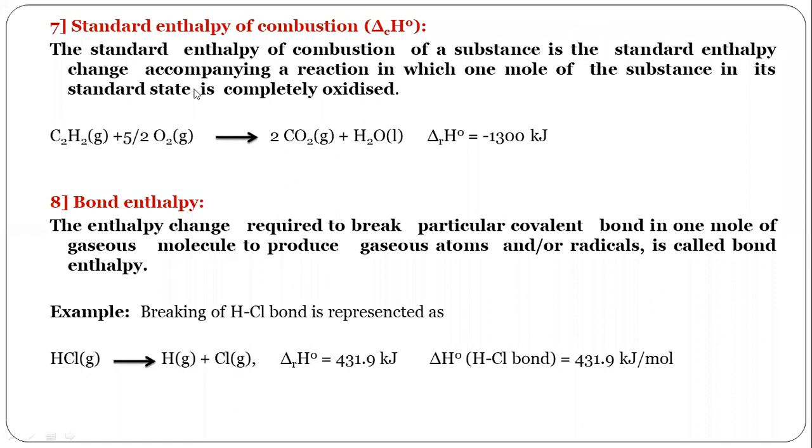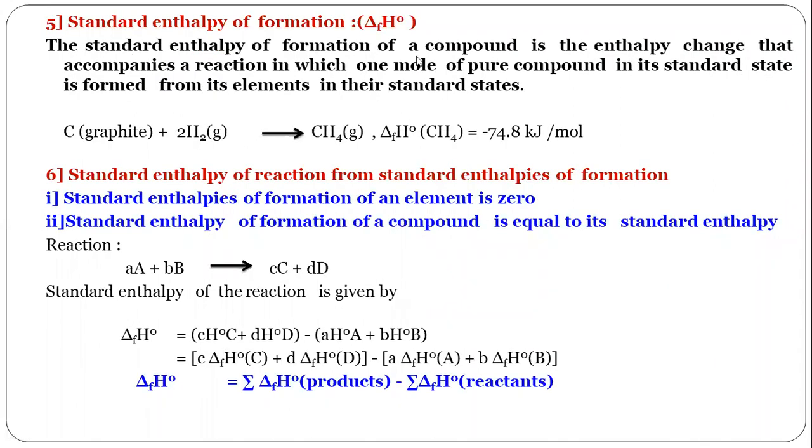Before this, standard enthalpies of formation. Standard means it is denoted with H naught, remember. H naught, it is the standard enthalpies which are calculated at standard rate. And which are the standard rate?